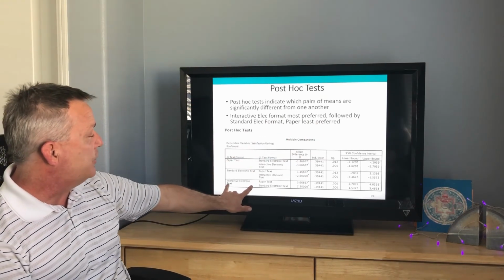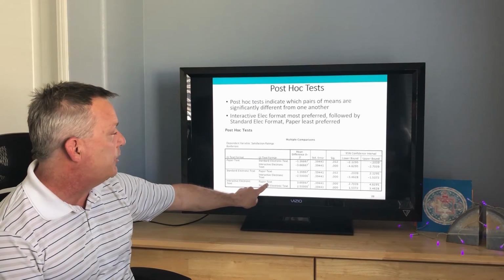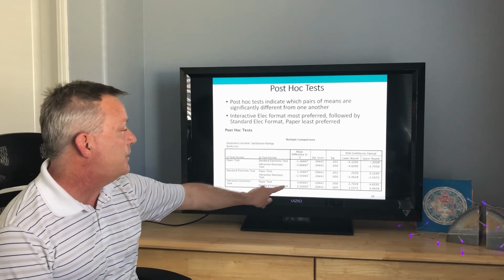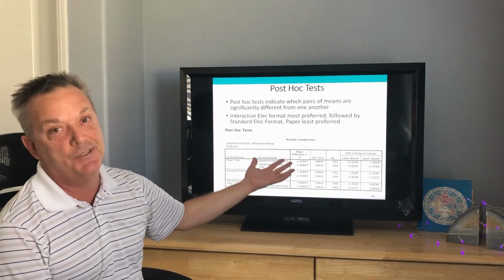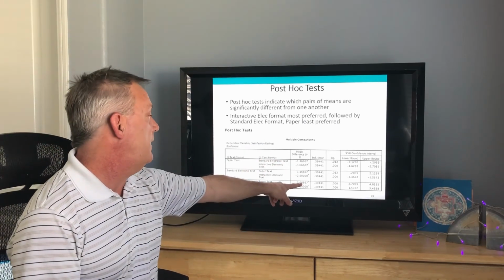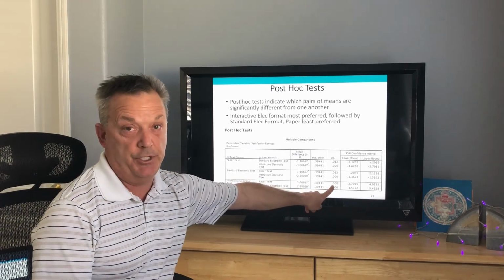Well, take a look at the box right here, interactive electronic text, and you're comparing that to the paper text as well as the standard electronic text. And as you can see, there's a much bigger mean difference between that, as we saw, right, when you just subtracted it, and the electronic text, and the significance is 0.000.